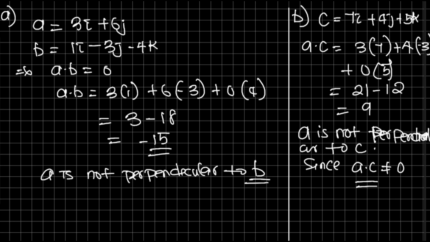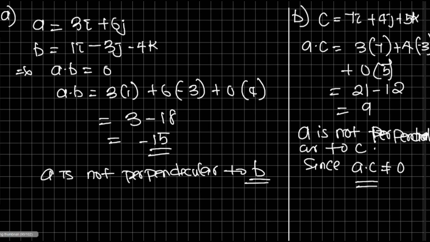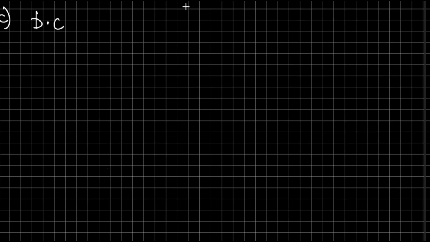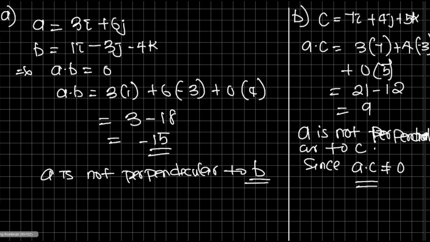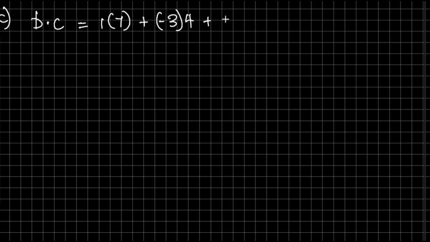So let's also see B dot C. B dot C will be 1 times 7 plus minus 3 times 4 plus minus 4 times 5.